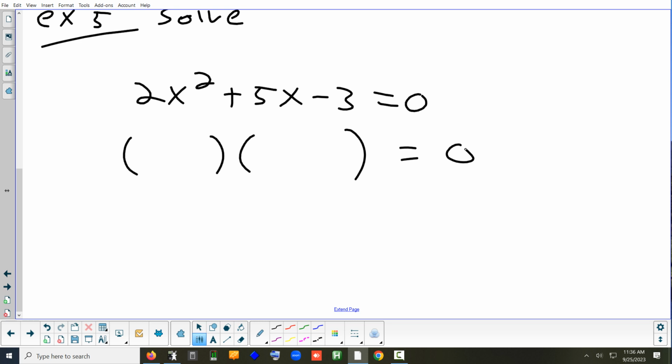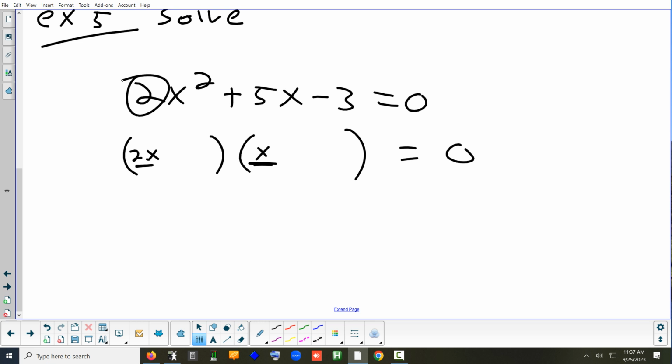So now you've got it set up, and now you want to fill in these two spots. Well, there isn't really a choice here because 2 is prime. So what has to go in the first spot and the second spot? 2x and 1x.